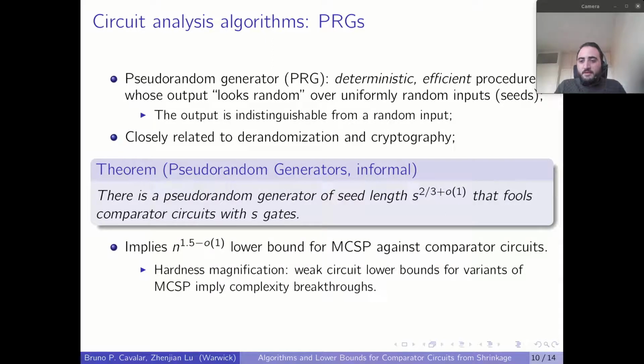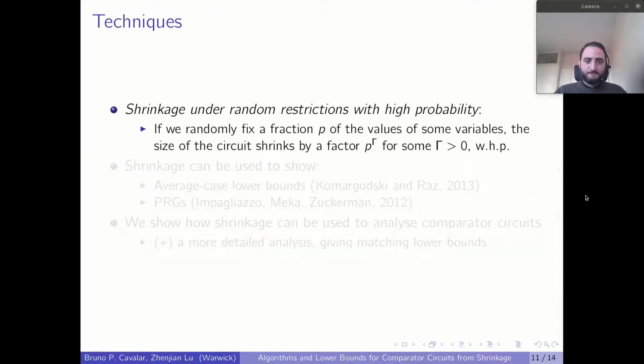This is a very important problem in computational complexity in itself, but a recent line of work called hardness magnification has intensified this interest by showing that weak circuit lower bounds for variants of MCSP also imply complexity breakthroughs. So we can use our pseudo-random generator to also prove a lower bound for MCSP against comparator circuits.